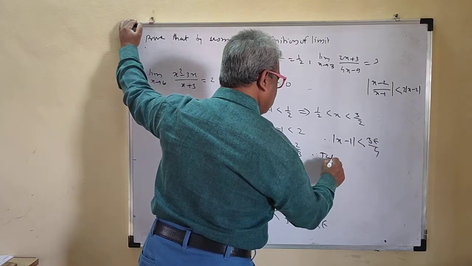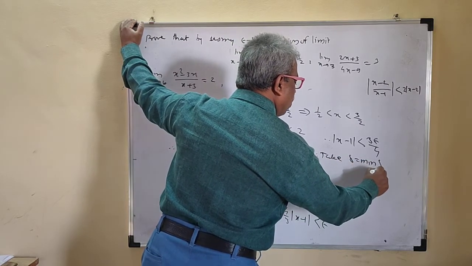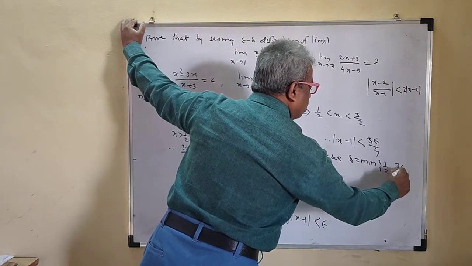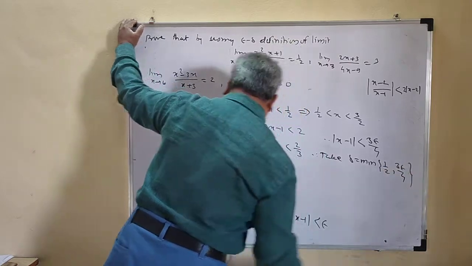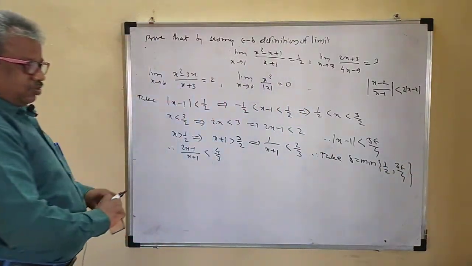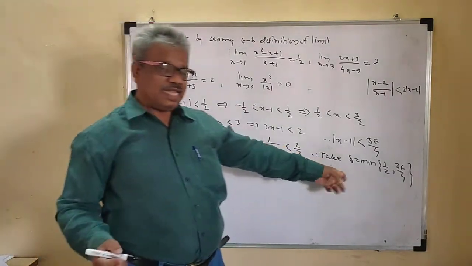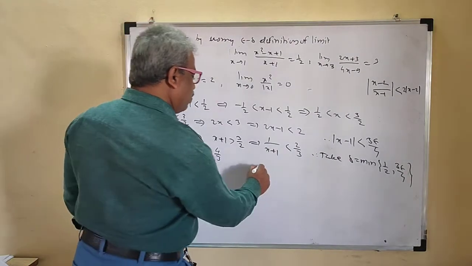So take δ equal to the minimum of 1/2 and 3ε/4. I hope that idea is clear. So we have proved that there exists δ.